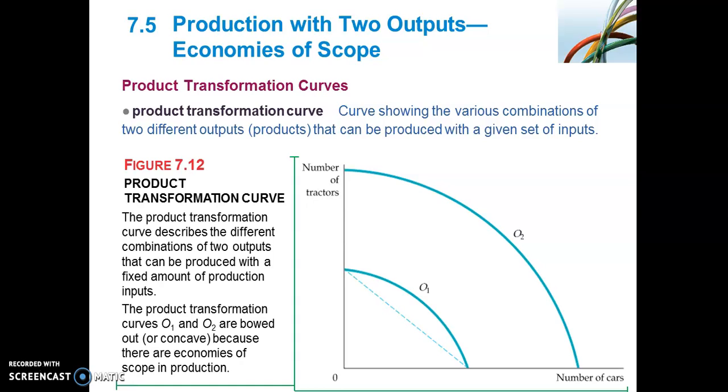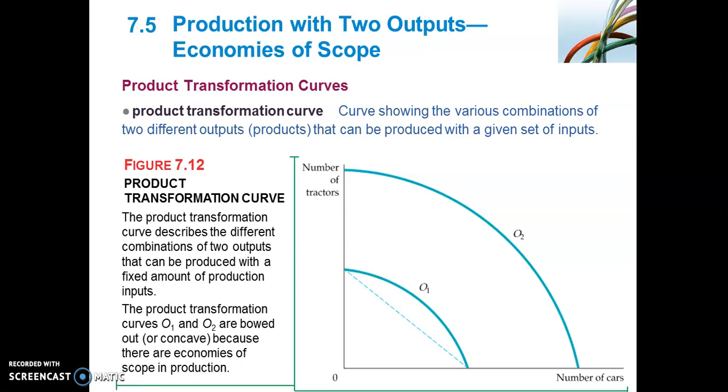So we've increased how much labor and capital can be used to produce that output O2. This expansion takes place as a result of using more inputs in the production. Hence that O2 product transformation curve is further away from the origin. It is above and beyond O1. So it uses double the inputs and hence it is more than O1.